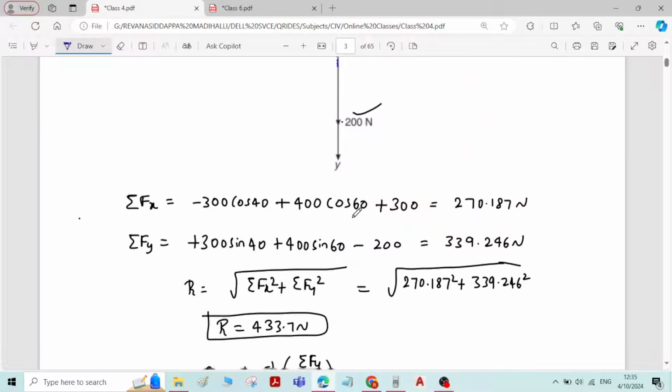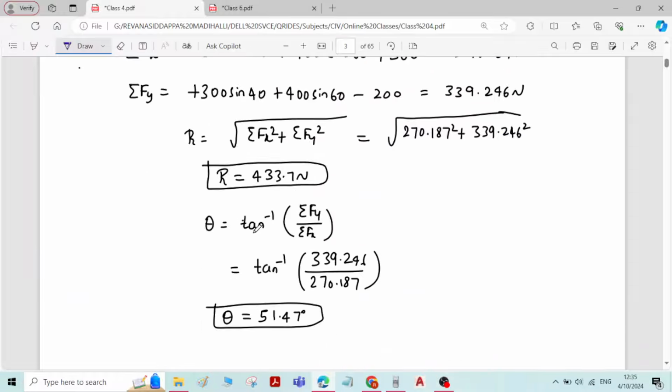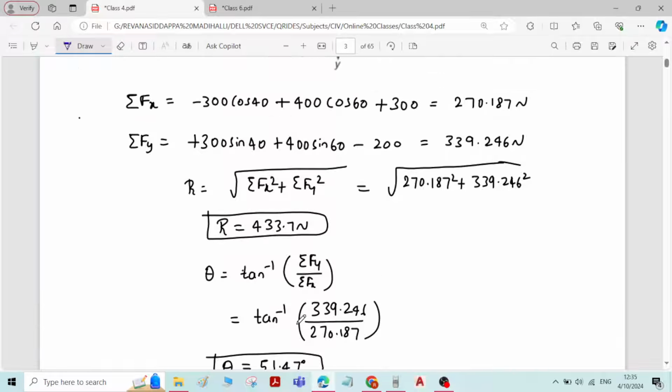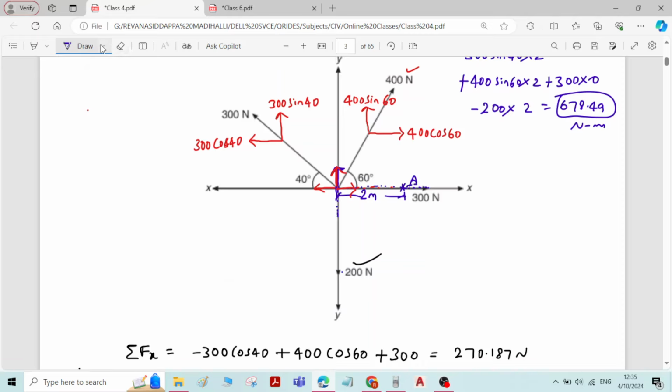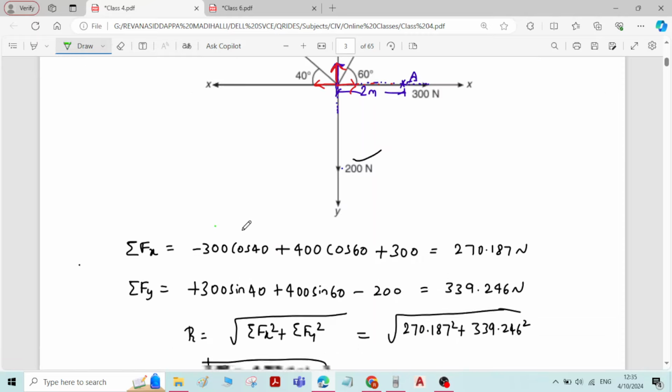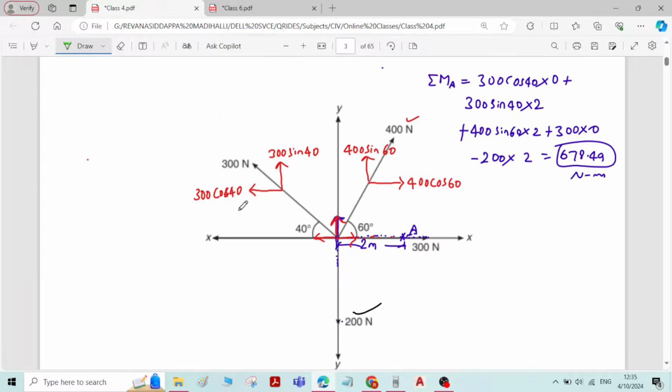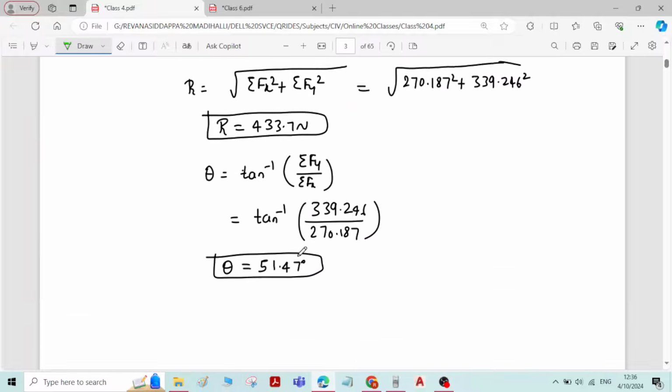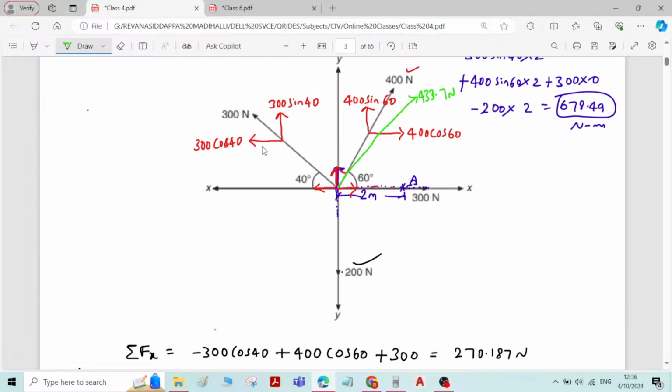Now for this system of forces, we have determined the magnitude and direction of the resultant force. We got the magnitude as 433.7 Newton and the direction as 51.47 degrees. Let me write the resultant force in the diagram: 433.7 Newton at an angle of 51.47 degrees.